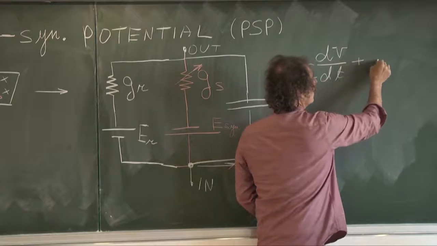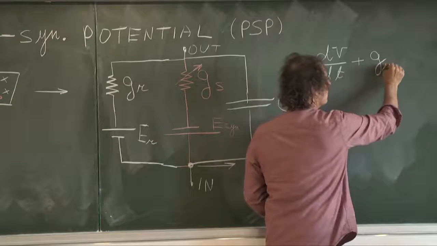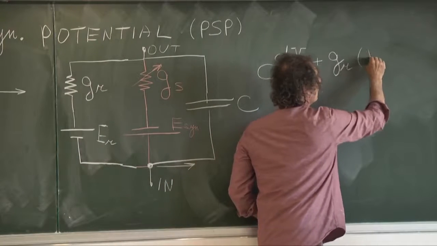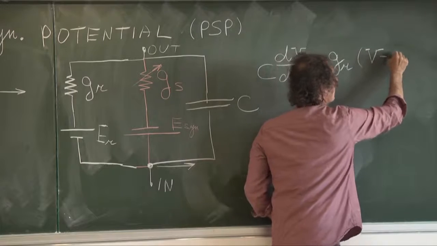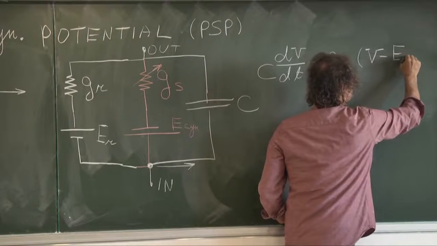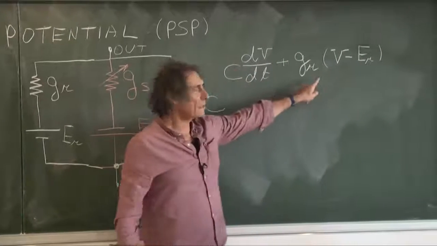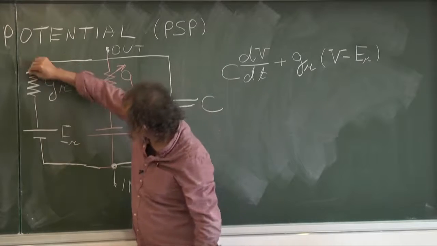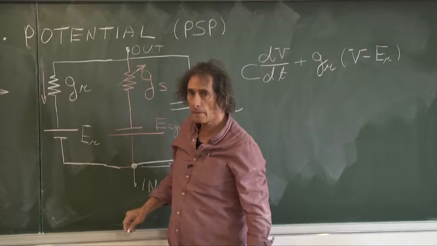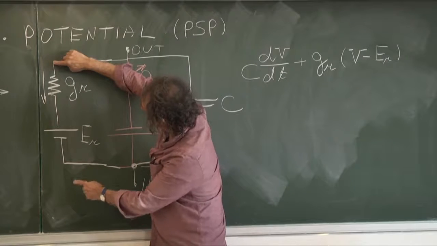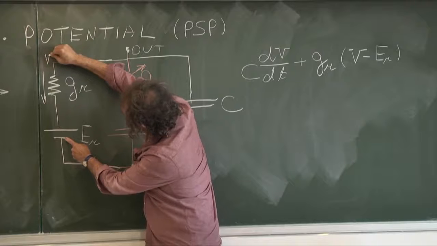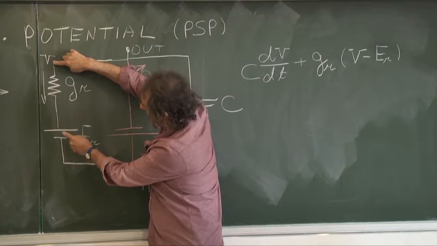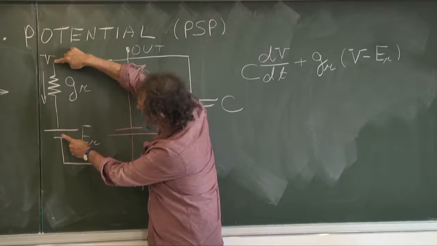We have now G rest, this conductance, multiplied by V minus E rest. This is exactly Ohm's law. What is written here is that the current that flows here depends on the difference between the voltage V on one side of the conductance to the other side of the conductance. So it's V minus E rest.